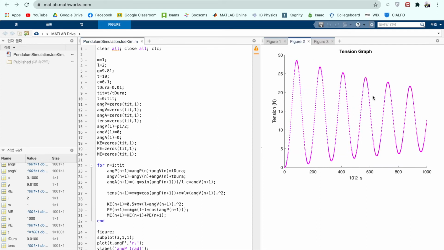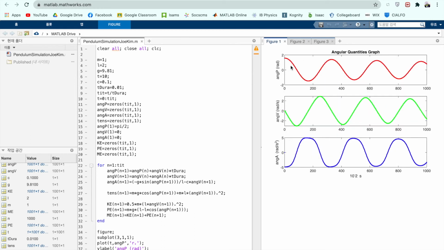And the same thing for tension. You can see that the rate at which these values are decreasing is slower than what it was before, as well as here in the angular quantities. In the graph before, when I looked at the angular acceleration, the graph was something like this.